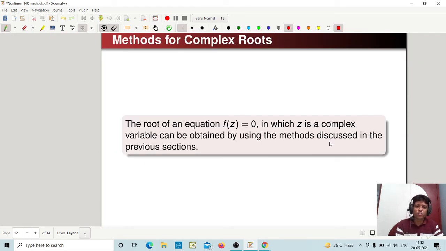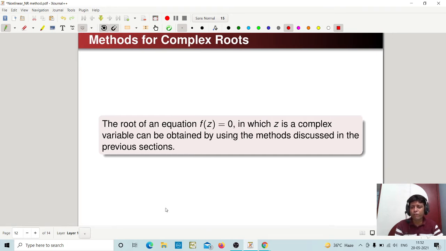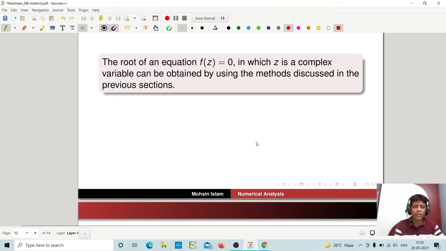Now, next one is how to deal with the problem of complex roots or complex equations. We can generalize this method for finding complex solutions of an equation f(z) equal to 0, where f(z) equal to 0 is a complex equation. So we have to find the roots of this equation. In that case, suppose z equal to x plus iy.